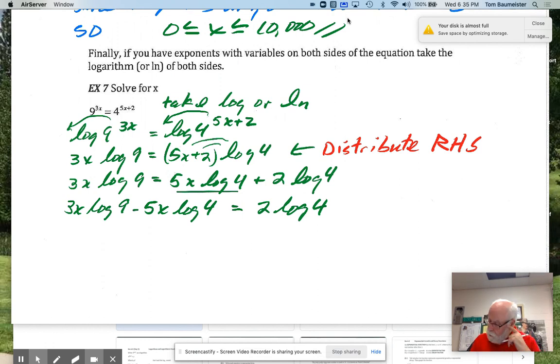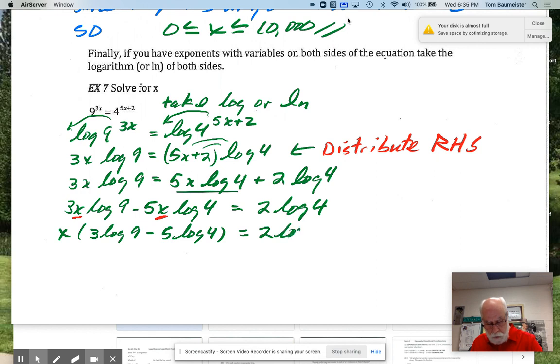So now, what you should be seeing here is, again, I have an x there, and I have an x here. So what can I factor out? Oh, you're right, I can factor out an x. When I factor out an x, I'll have 3 log 9 minus 5 log 4 is equal to 2 log 4.